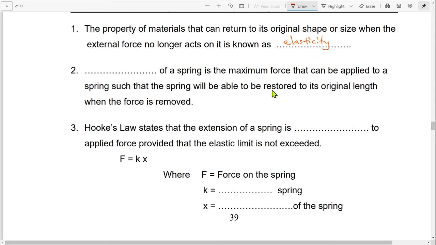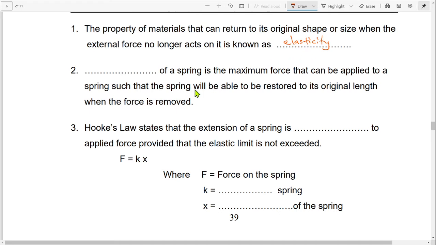So if you are asked to define what is elasticity, that would be the ability of an object to return to its original shape or size when the external force is no longer acting on it. That is elasticity.